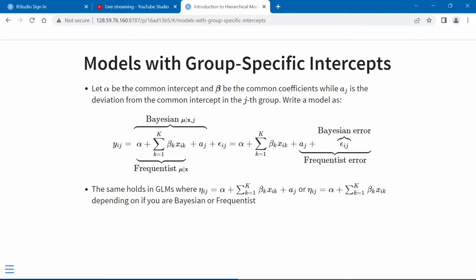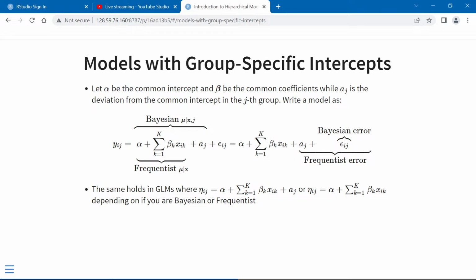Now, if we write the observation level of a generative model, we can write it like this. This is actually the same on both sides of the equal sign, but the interpretation of it differs fundamentally as to whether you take a Bayesian or a frequentist perspective.